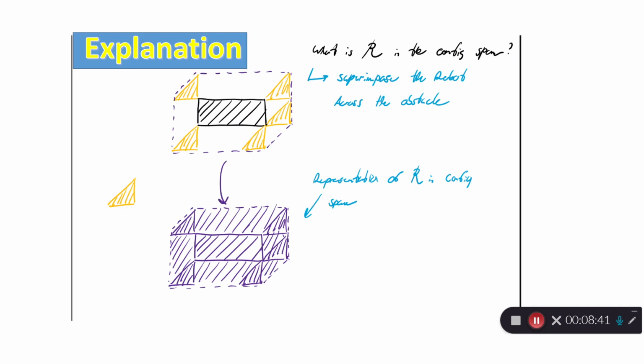So what is R in the configuration space? It's the pose of the robot. It basically gives you the movement of the robot from the starting point to the final position. The representation of R in the configuration space would be something like this: the yellow part is the robot.